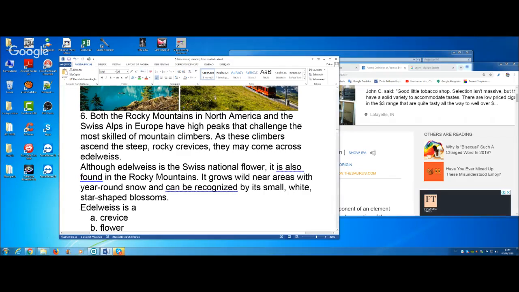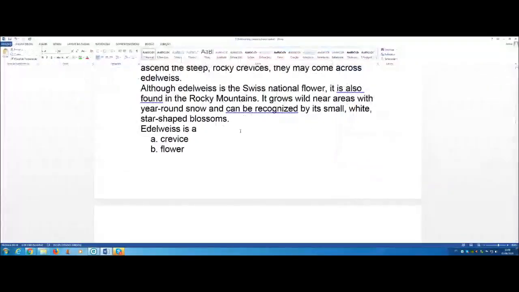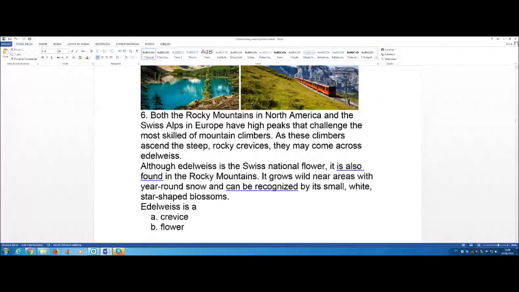Edelweiss is a... hold on, let me... a flower. Okay, a flower. You don't even need the other options. Where did you find that? Because in my brain it's a famous flower. But this is cheating.